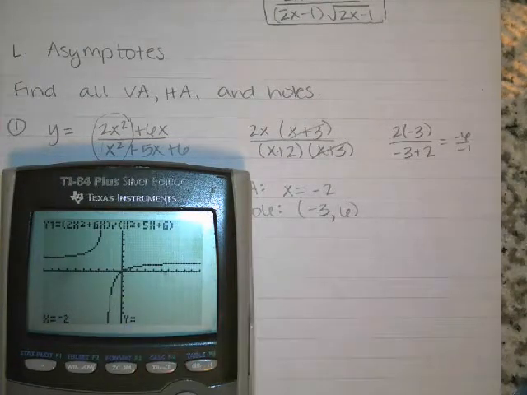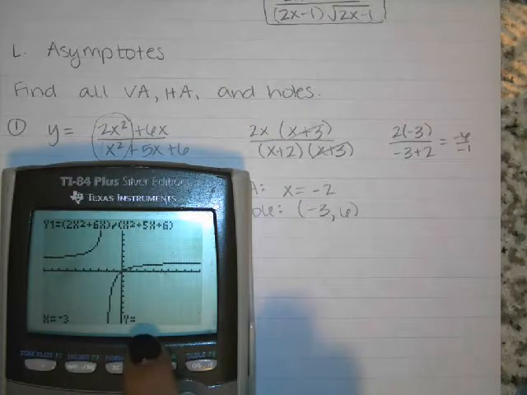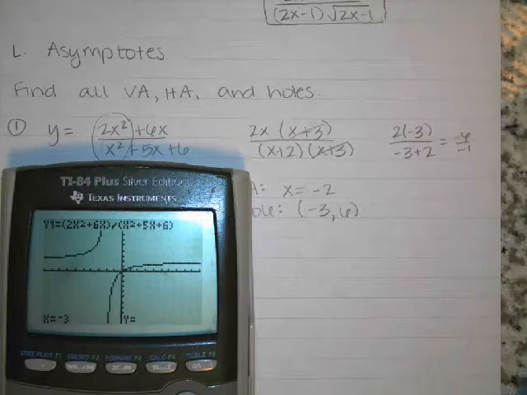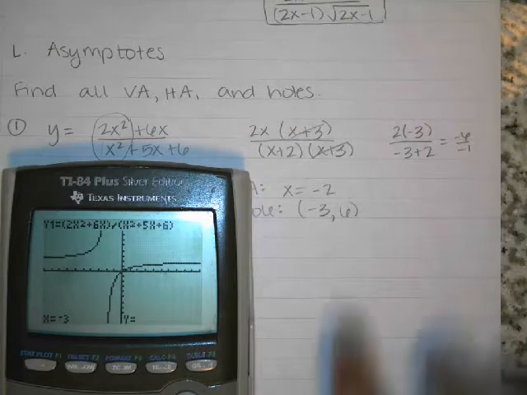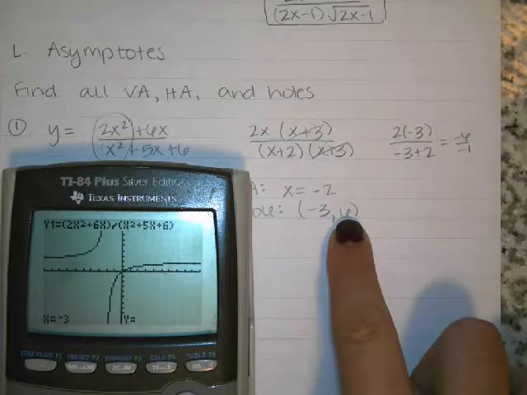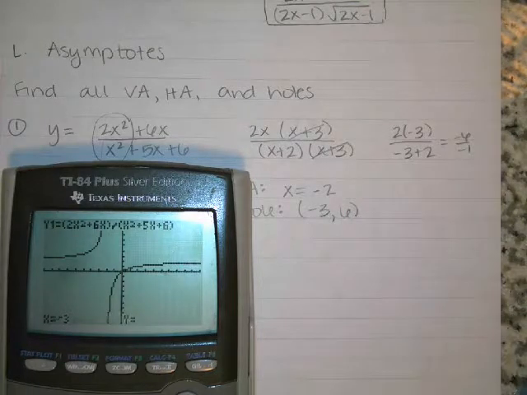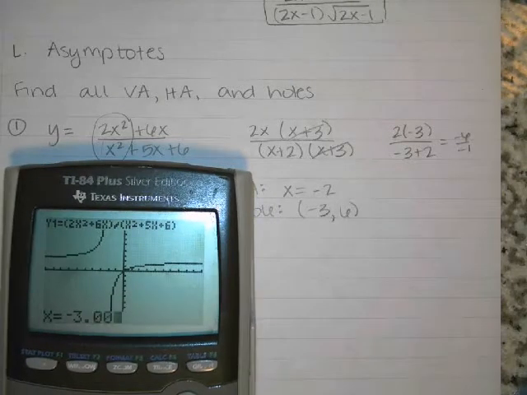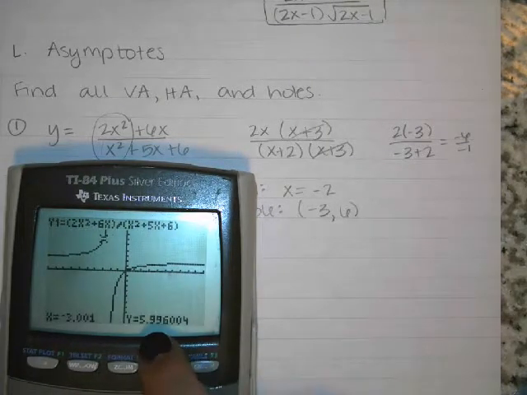If I want to check whether the hole is correct, I can try to plug in -3. Again, I don't have a y coordinate that goes with that, so I know that's another value excluded from the domain, those two numbers that made the denominator equal 0. But if I want to see if that y coordinate of 6 was right, I can try plugging in -2.99. See, that's a little bit above 6. -3.001 is a little bit below 6.